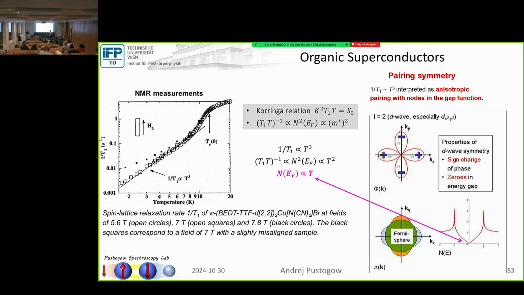But if we just take into account specific heat and NMR and all these standard measurements, it looks the same as in the cuprates. Okay, thank you. And this is the case of quasi-two-dimensional systems. In the quasi-1D systems, I'm not sure. But the quasi-2D systems are studied best, let's say.